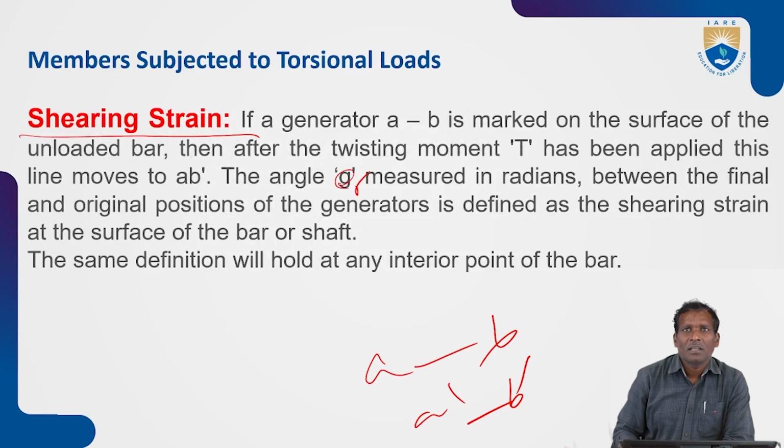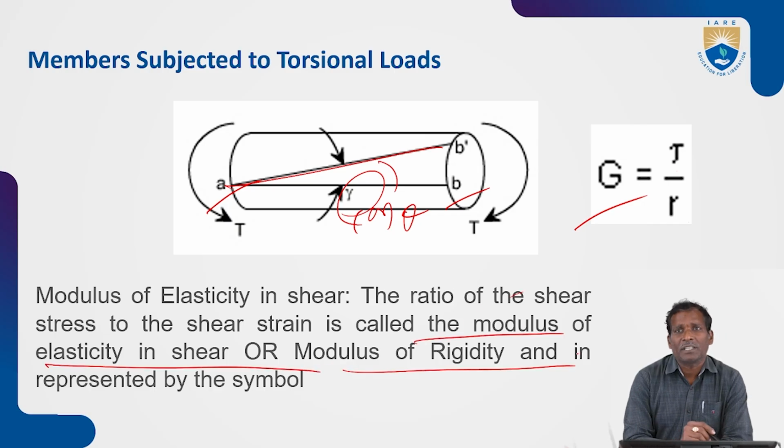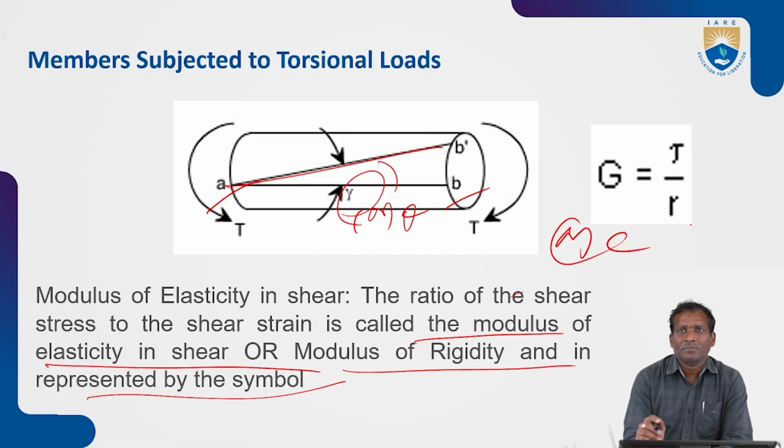So here G is the shear stress by shear strain, the modulus of rigidity in shear. So the ratio of the shear stress to the shear strain is called modulus of elasticity in shear or modulus of rigidity and is represented by the symbol G.